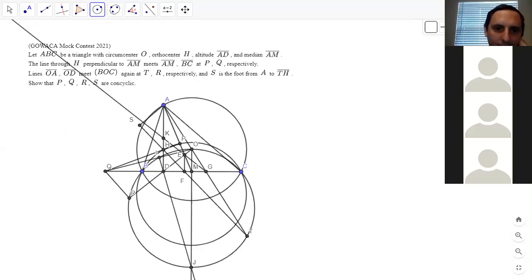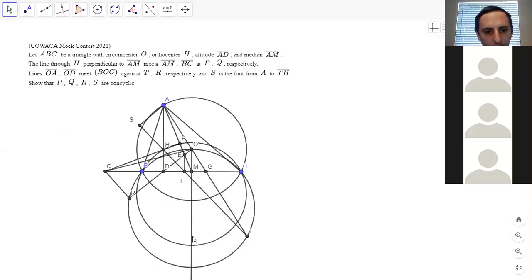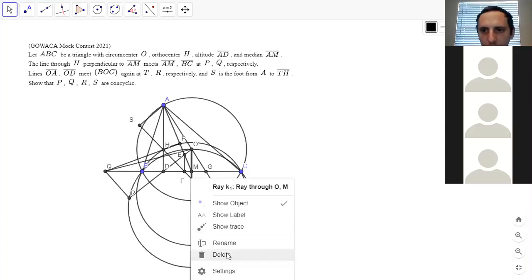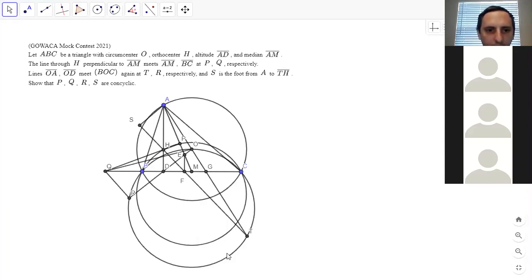Interesting. Do you think I should keep point I, or try to prove it by Menelaus? Possibly. So I think anything that you can prove with Menelaus, you can usually prove with projective geometry.